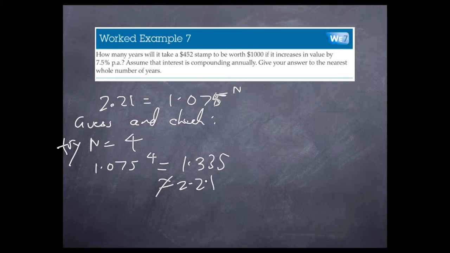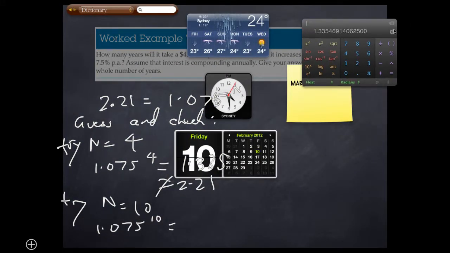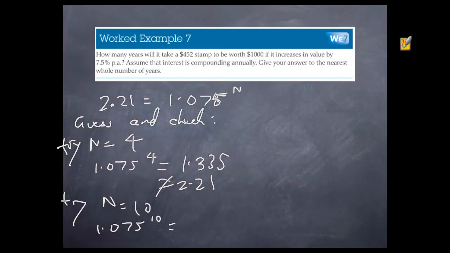So we need to choose a number which is a bit larger. Let's jump to something like perhaps 10. So we have 1.075 to the power of 10. Well, that's a lot closer. We have 2.06. That's very close.